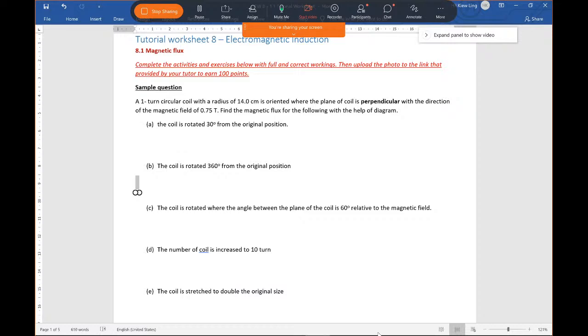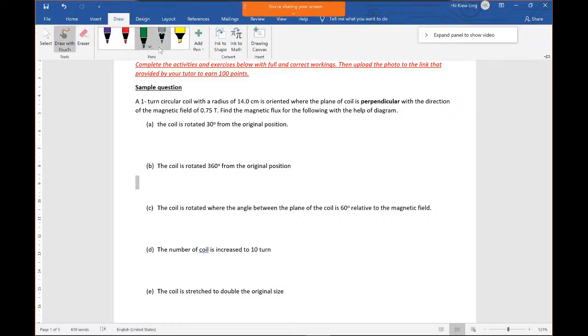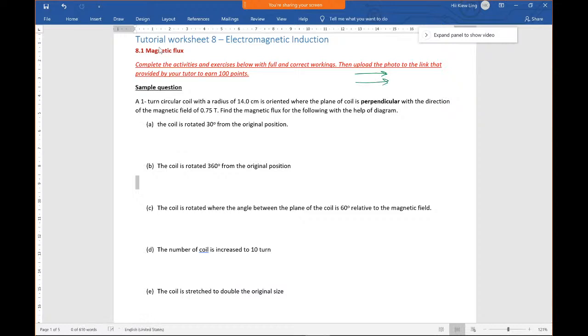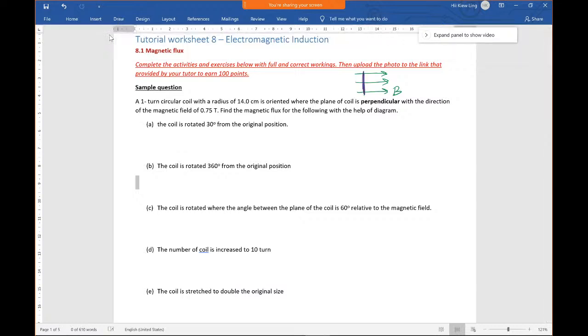Okay, so one turn circular coil with radius of 14 centimeter oriented where the plane of coil is perpendicular with the direction of magnetic field. Let's draw the diagram first. This is how your coil is oriented, perpendicular to the magnetic field lines.